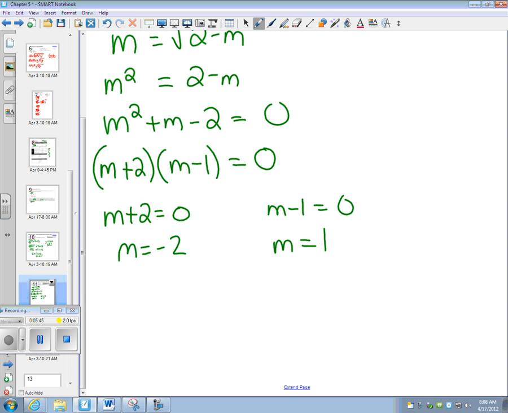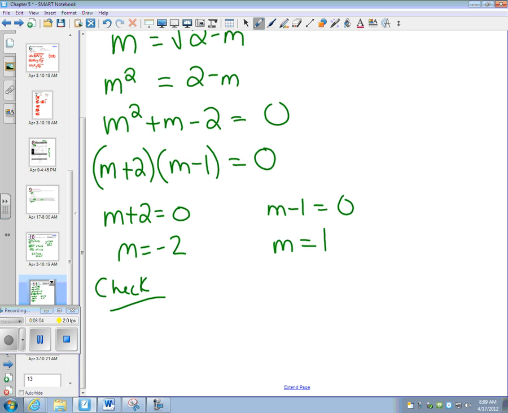Okay, so those are my roots, but I need to check whether these are extraneous. I need to double check that these are actually correct. So here's my check. I'm going to sub back into my original equation, which is m equals the square root of 2 minus m.